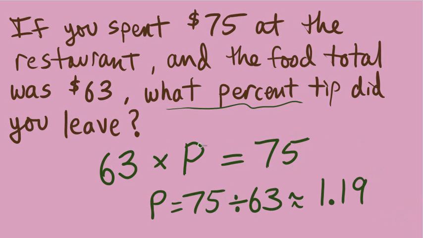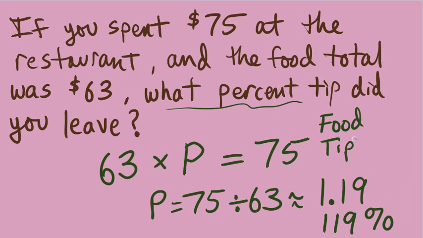Now remember, in this relationship of reference value times percent, that percent is always a decimal. So our answer is still a decimal. Thinking of it as a percent, it would be 119%. So does that mean we left this enormous tip? No, because the 75 was the total. It was the total of food and the tip.